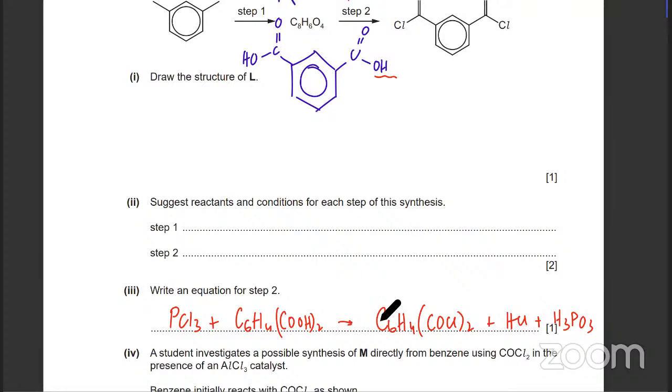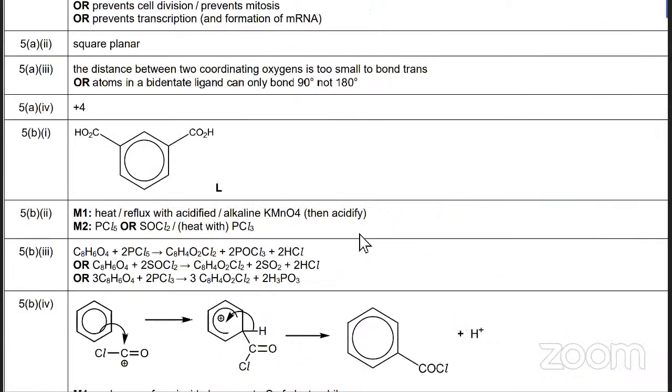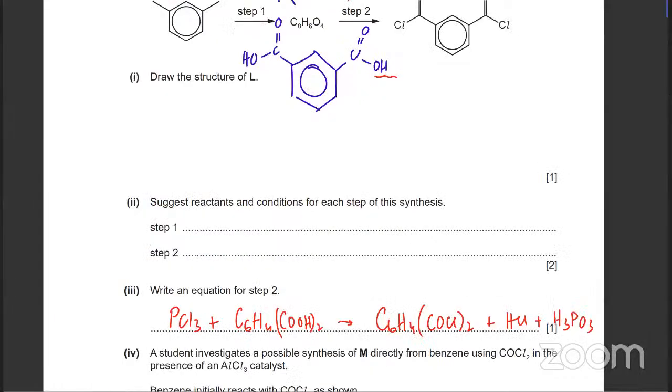And in a number of instances, they've actually asked for this equation with PCl3 or SOCl2. You can have a look at the marking scheme, which is this one, that you can use PCl3, you can use SOCl2, you can use PCl5. Pretty hard to actually remember the equation. In this case, what I got wrong was I shouldn't have written HCl over here. The HCl is not there.